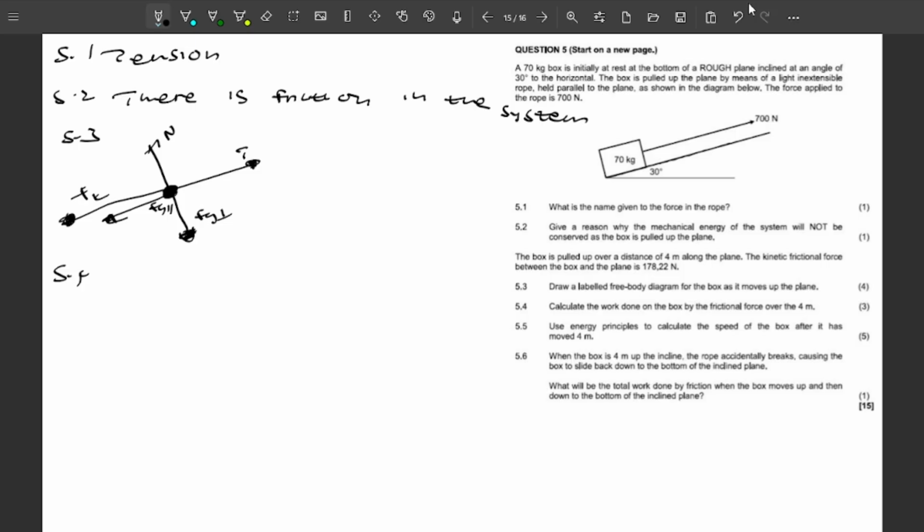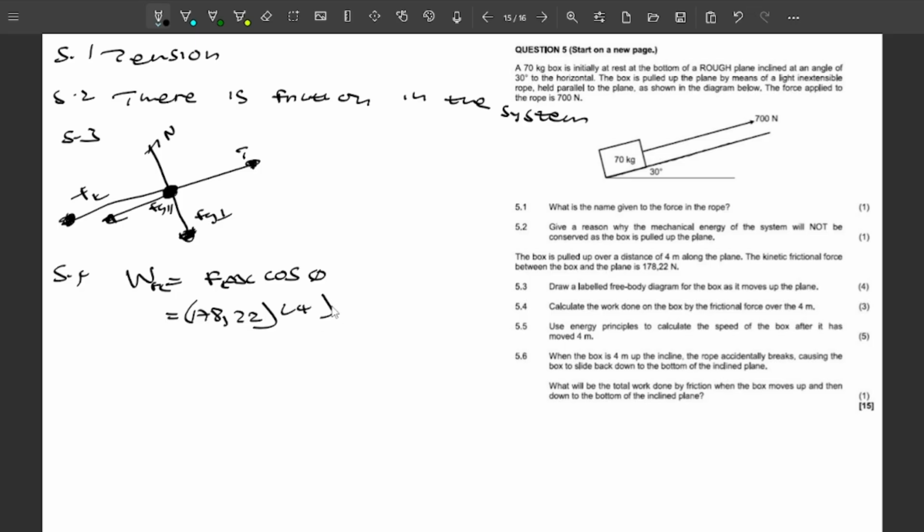Calculate the work done on the box by the frictional force over the 4 meters. So they want us to calculate the work done on the box by the frictional force over the 4 meters, of which this can be what we can say work done is equal to F change in X cos theta, of which in this case, what is the frictional force? The frictional force is 178.22, and the change in X, the distance of which it moves along, is 4.